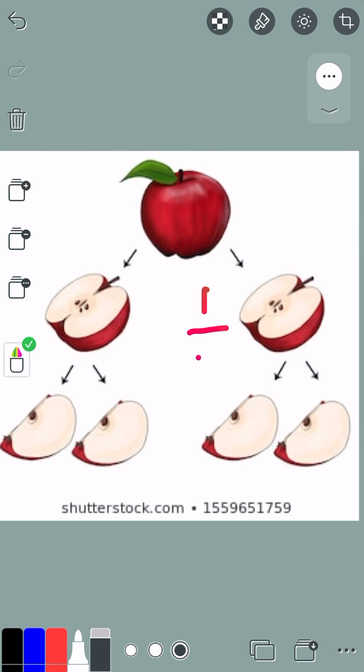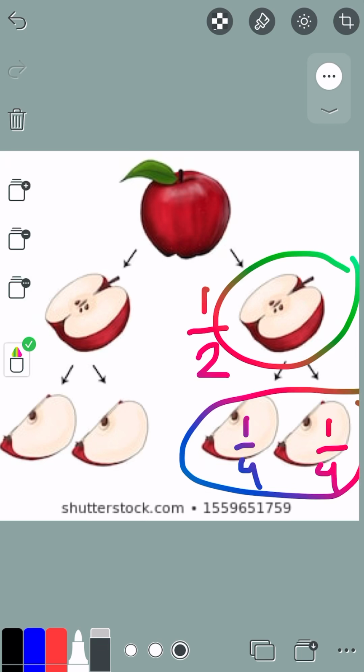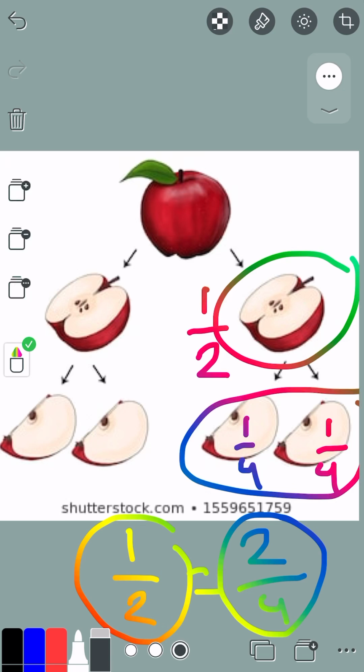So 1/2 and 2/4 are equal because this half is the same as these two. It's not bigger, not smaller. So 2/4 is equivalent to 1/2, and we call these two fractions equivalent.